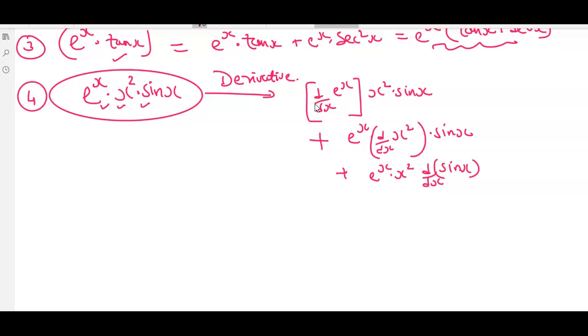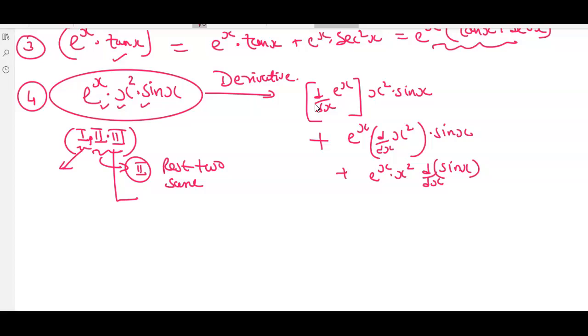Means what we are doing, if it is first multiplied by second multiplied by third, first I am doing the derivative of first, rest the same, then I am doing derivative of second, rest the same, then I am doing the derivative of the third one and first two the same. So here I have also shown it is basically like this. If you want to give a bracket, you can give.